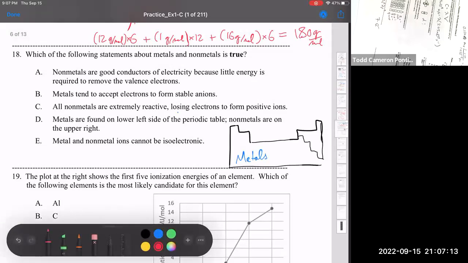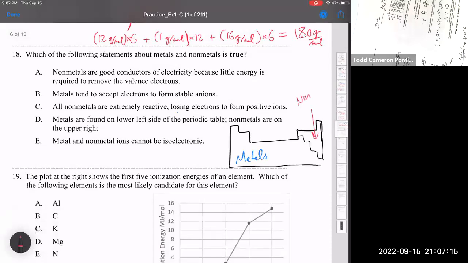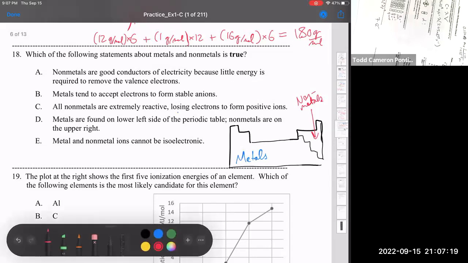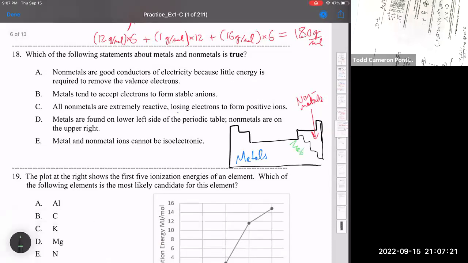We have our nonmetals over here. And then we have metalloids, which are not quite metals, not quite nonmetals along the stair step. Most of the periodic table are metals. So all of these are metals. These are nonmetals. These ones are kind of iffy.